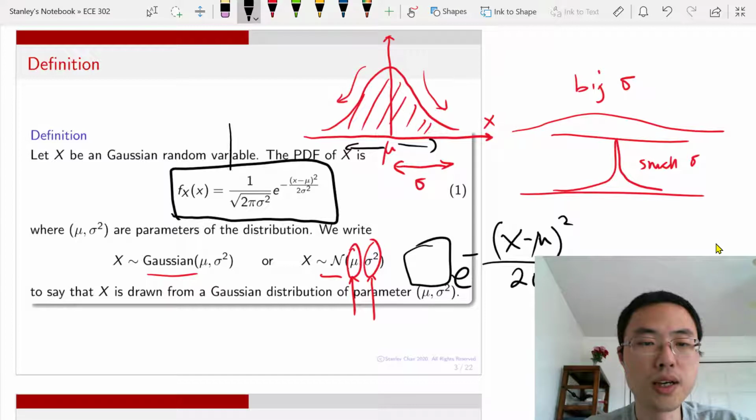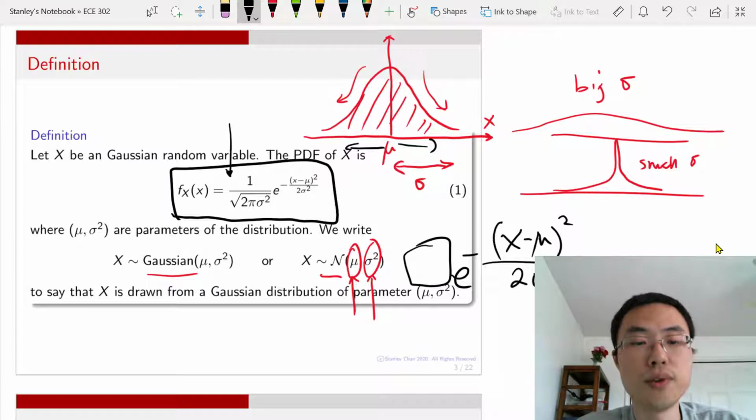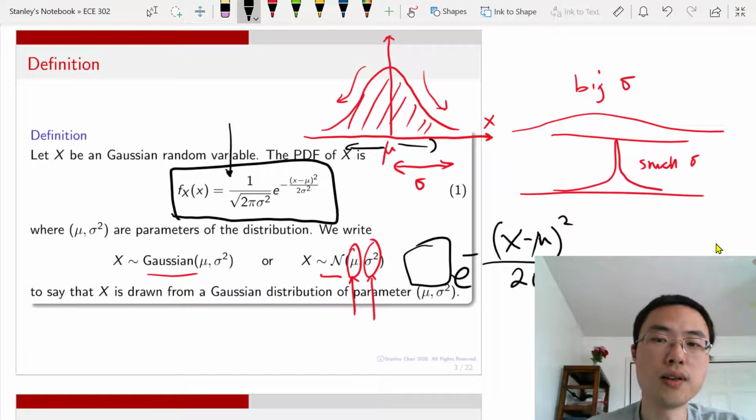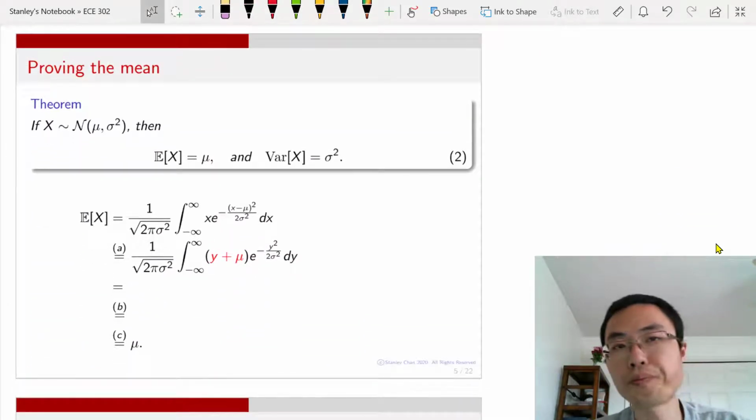I give you this PDF, pretending that you don't know the mean is mu and the variance is sigma squared. Can you prove from first principles that the expectation of this random variable is mu, and the variance according to this PDF is sigma squared? That is the question we're trying to answer in this theorem.